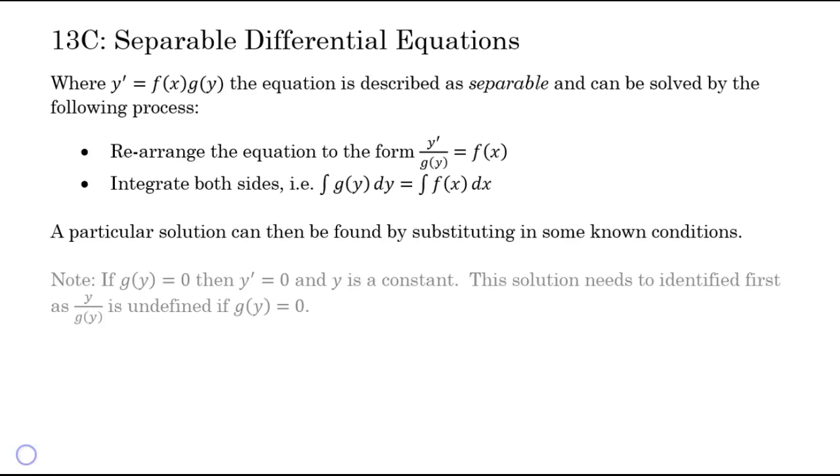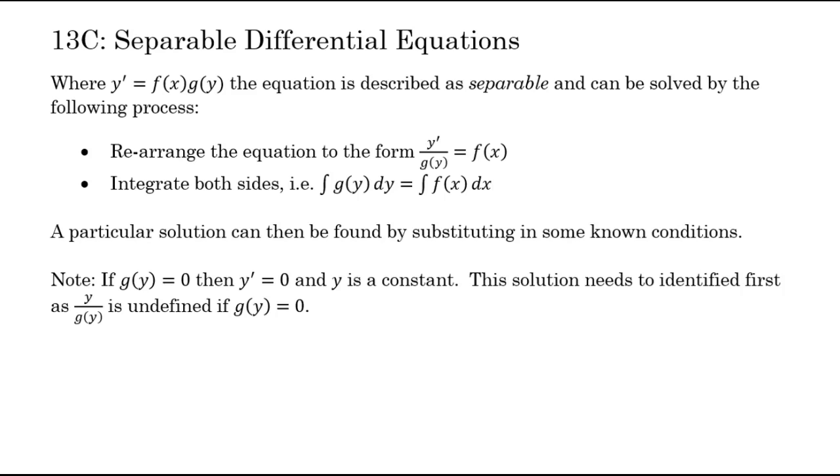Now there is one other thing to watch out for here. If my function of y is equal to 0 for some value of y, then I would be making an error by dividing by 0. And that's how we separate them, by dividing. So first of all, we have to look for any values of y that will make the function of y equal to 0.